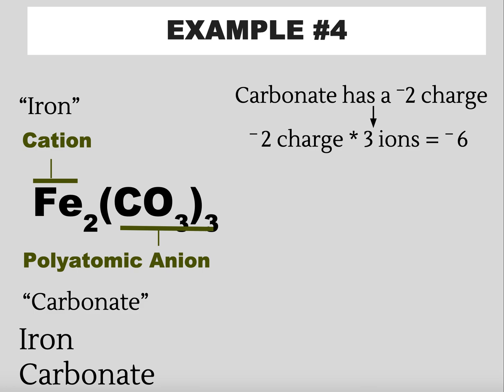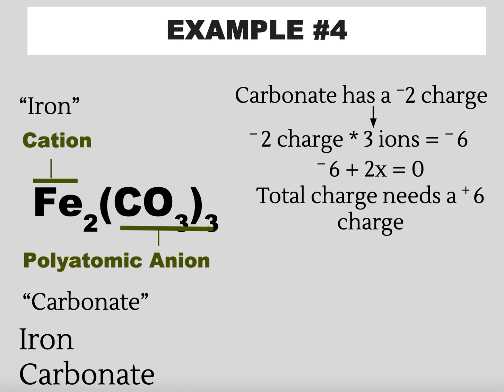To do that, I need to figure out the charge of carbonate. I look on the pink sheet, carbonate has a -2 charge. I look at the formula. There are 3 of them. So I take the charge times the number of ions, which is -6. Well, I need the charges to equal 0.